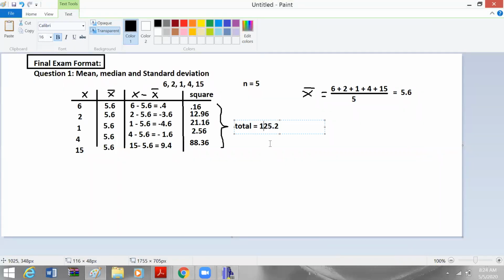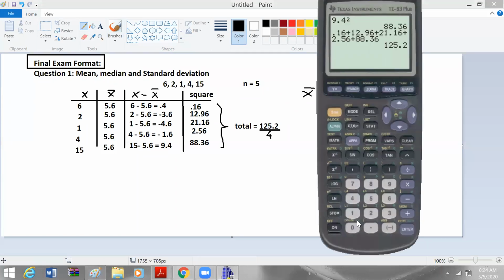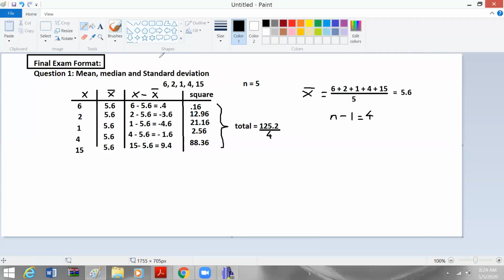Okay, and then after we take a total, we have to divide it by 4 because it's n minus 1. Remember that we need to divide it by n minus 1. In this case, n is 5, and 5 minus 1 is 4. So we divide it by 4 because the question on the final exam gives us 5 different data values. So 125.2 over 4, you get 31.3.